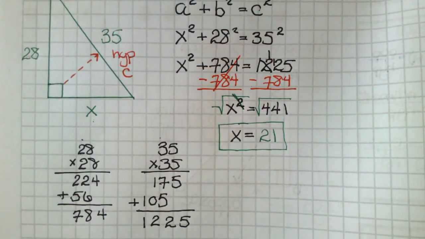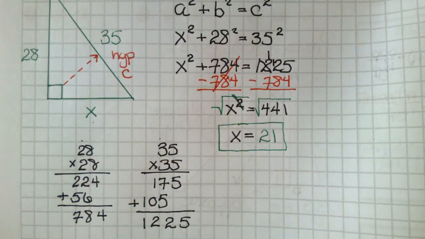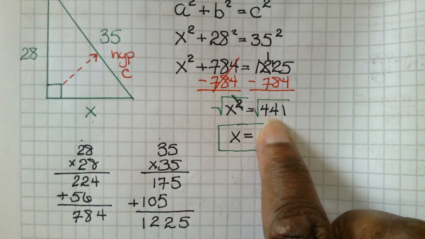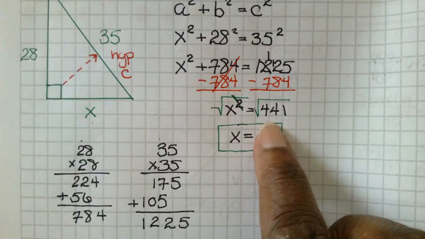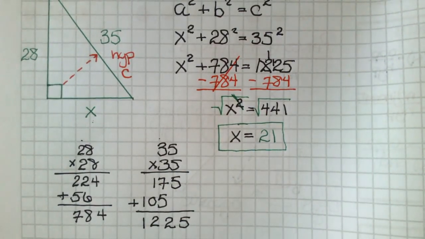The negative answer, we can't have a negative length of a side, so that's gone. So now you're between the 11 and the 21. Once you do this, and if you know your 11 squared is 121, and you're getting a 441, then your answer is a 21.